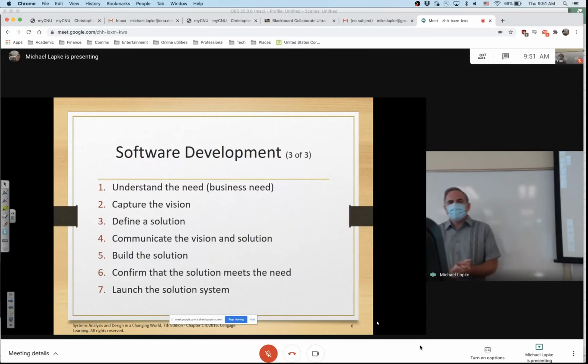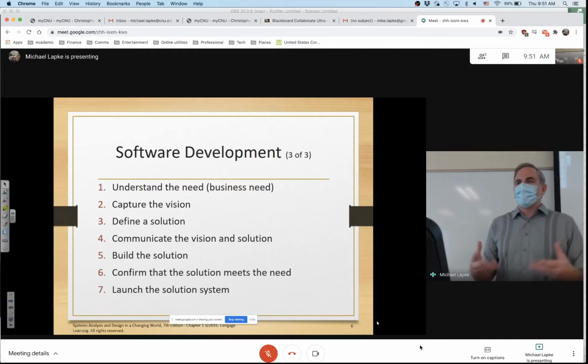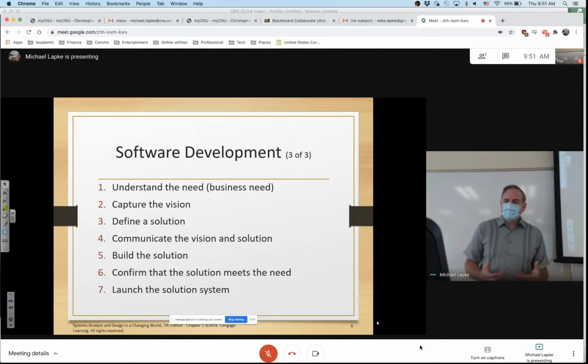So in non-analysis and design words, what we're doing here for software development is, number one, to understand the need. Why are we doing this? What are we doing? Capture the vision. What's the broad scope of what we want to accomplish by doing this? Define the solution. This is where you're designing things and you're saying, okay, this is how we're going to solve the issues that were brought up in the vision.